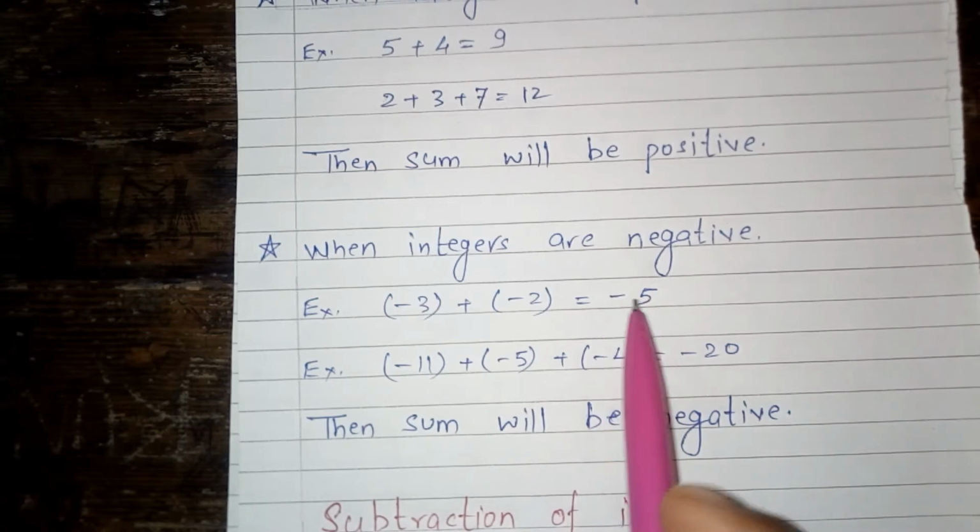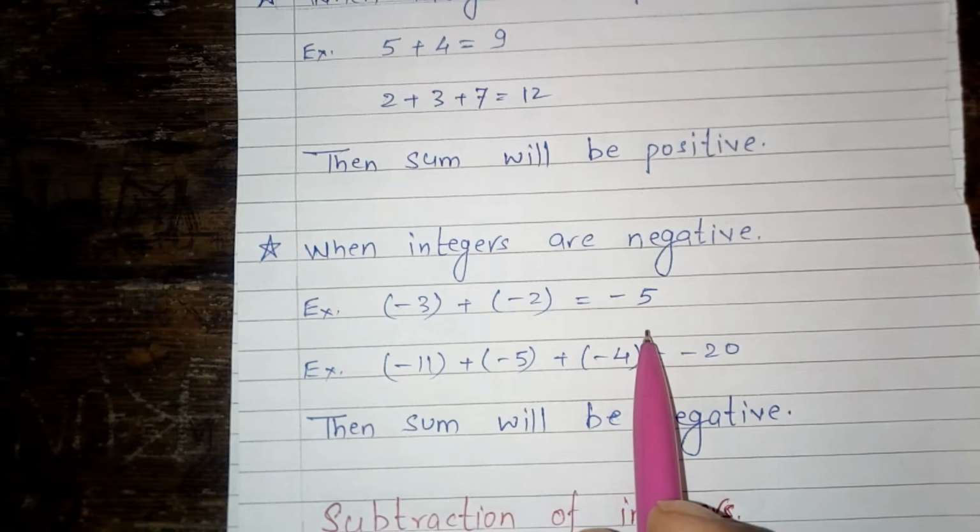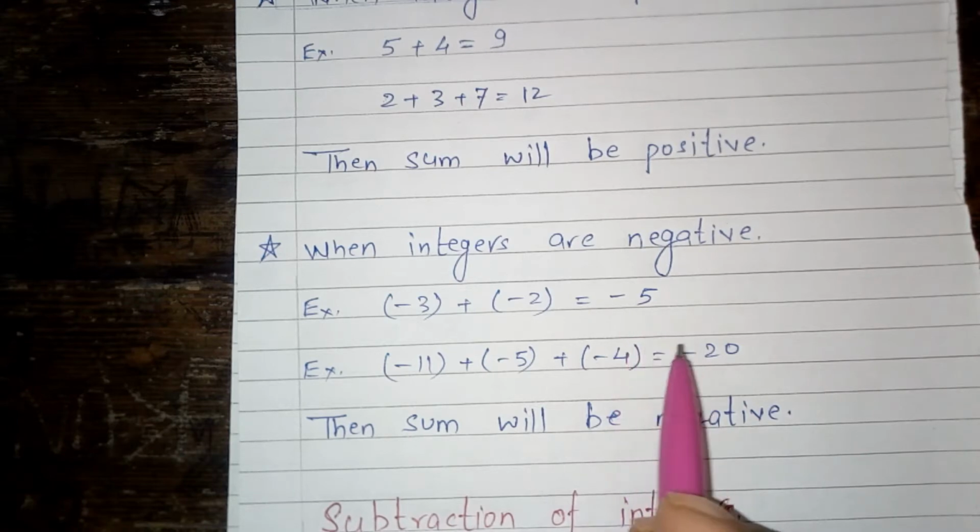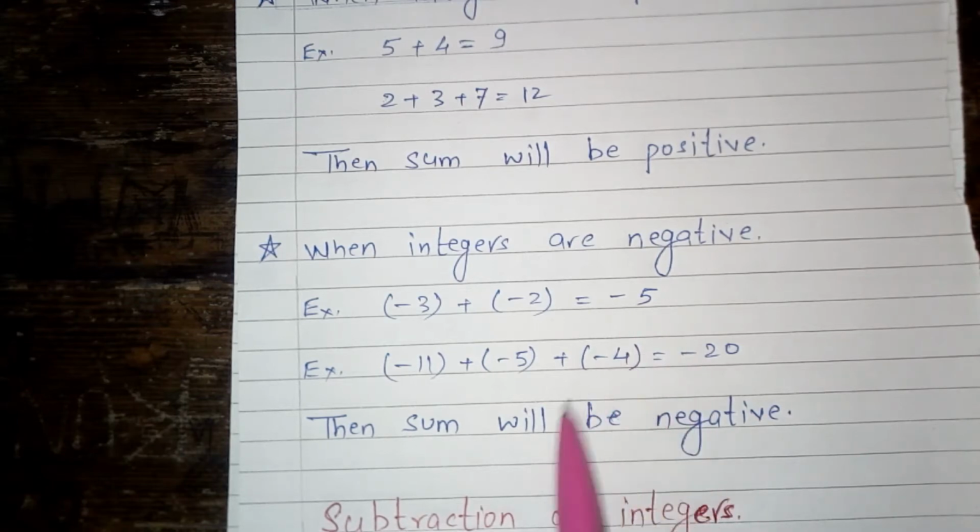The meaning is the sum of positive integers is always positive and the sum of negative integers will always be negative. Suppose you have three integers and these three integers are negative.